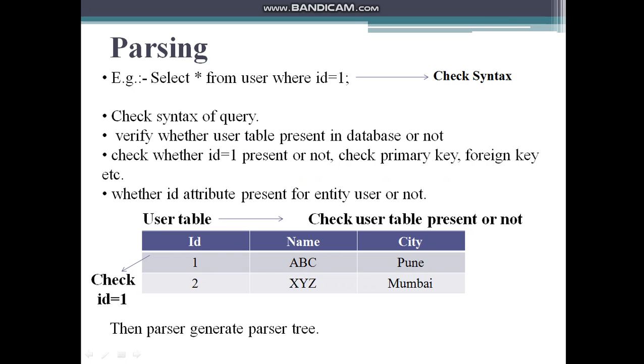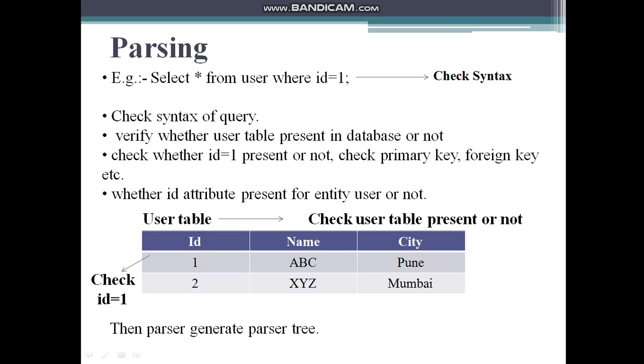Then it checks whether the id attribute is present in the user table, whether it is a primary key or foreign key, that is, whether the id attribute is present for the user entity or not. So this is how parsing is done.